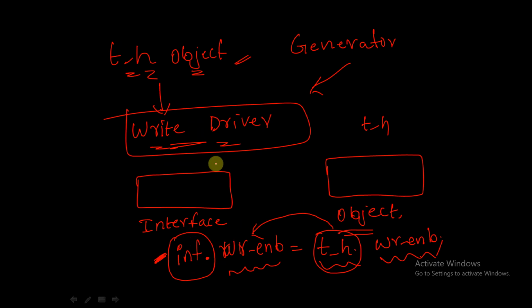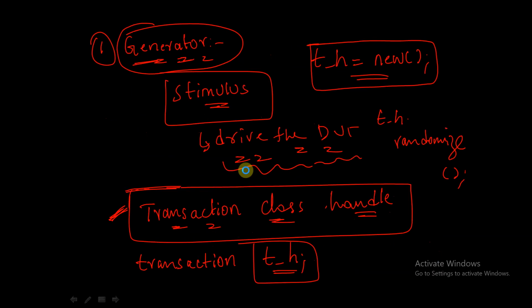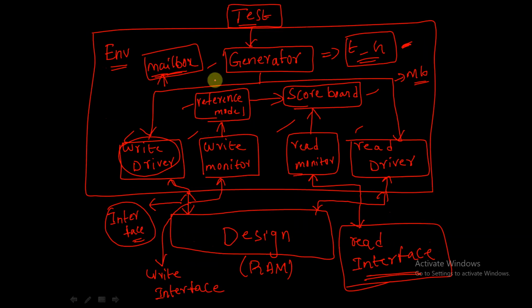Like this, we are accessing one by one; that is, we are converting the transaction into pin level. The write driver will access one by one property from the transaction object, convert it into pin level transactions, and give it to the design port by port with the help of our interface.